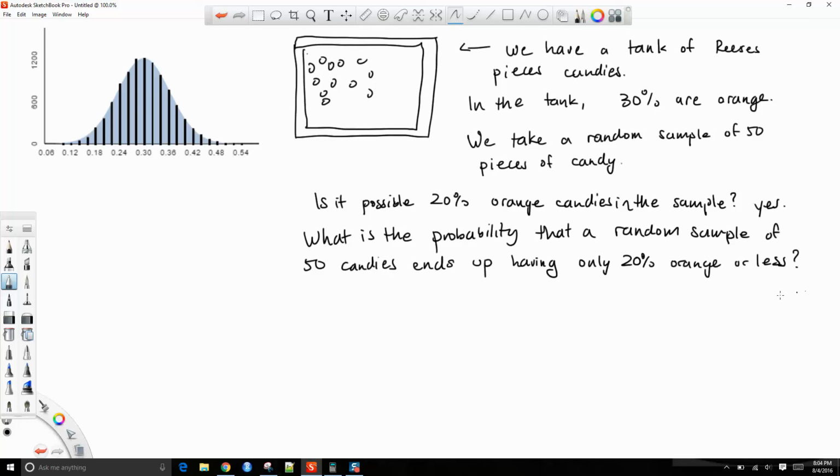Okay, what's the probability that this random sample ends up being 20% orange or less? Okay, and so our sampling distribution, keep in mind, the sampling distribution can be approximated with the normal distribution.